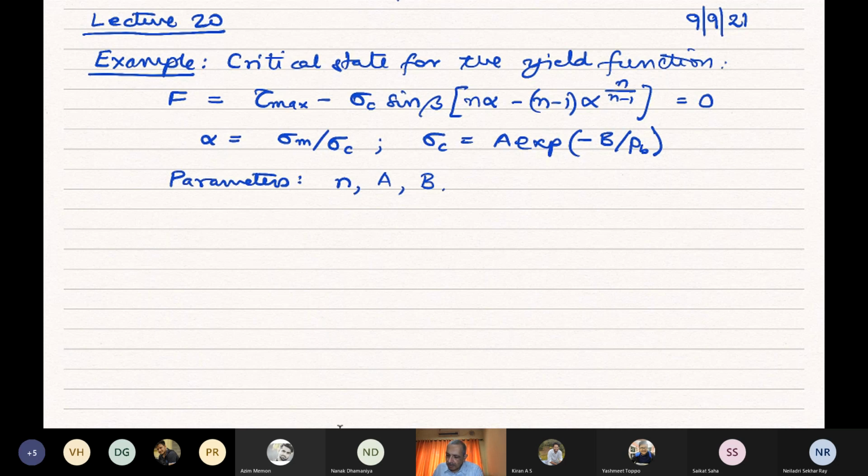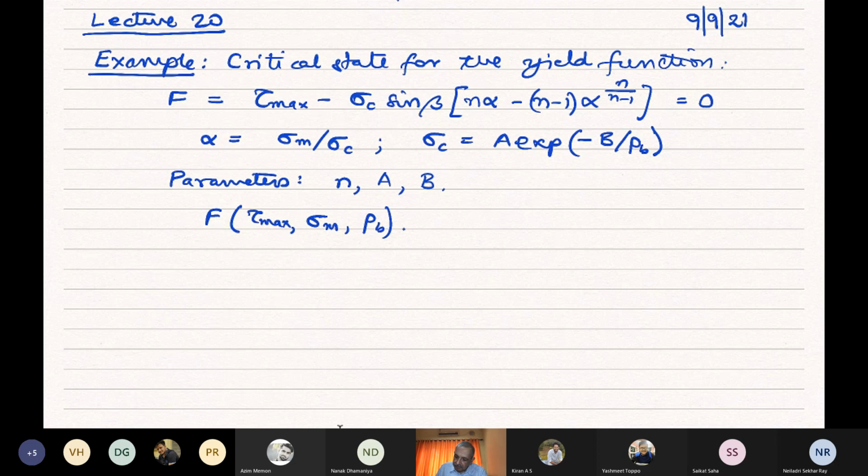Sigma c is some kind of critical stress, and a and b are how the density is related to the critical stress, and then n is another parameter which defines this. So if you see this f, it is a function of tau max, sigma m, and rho b.